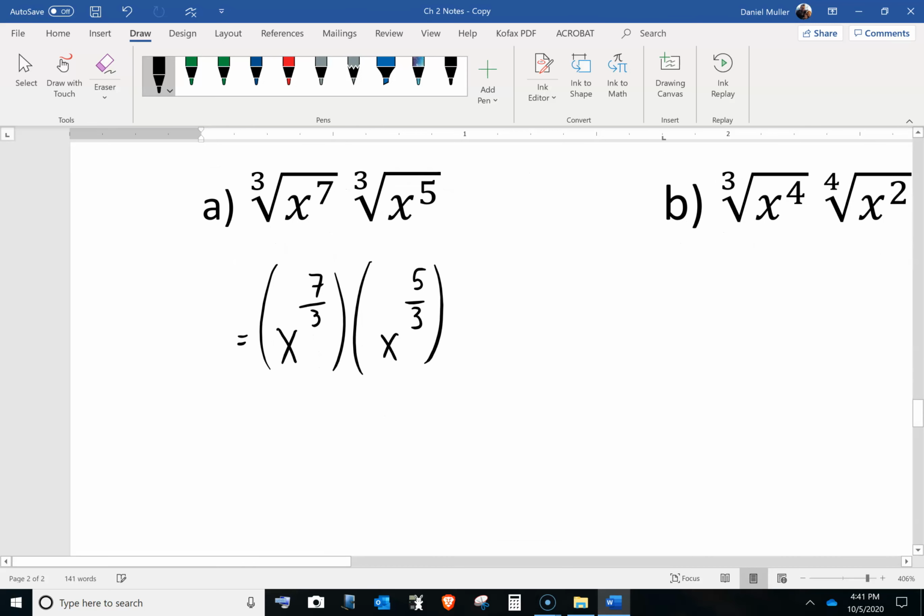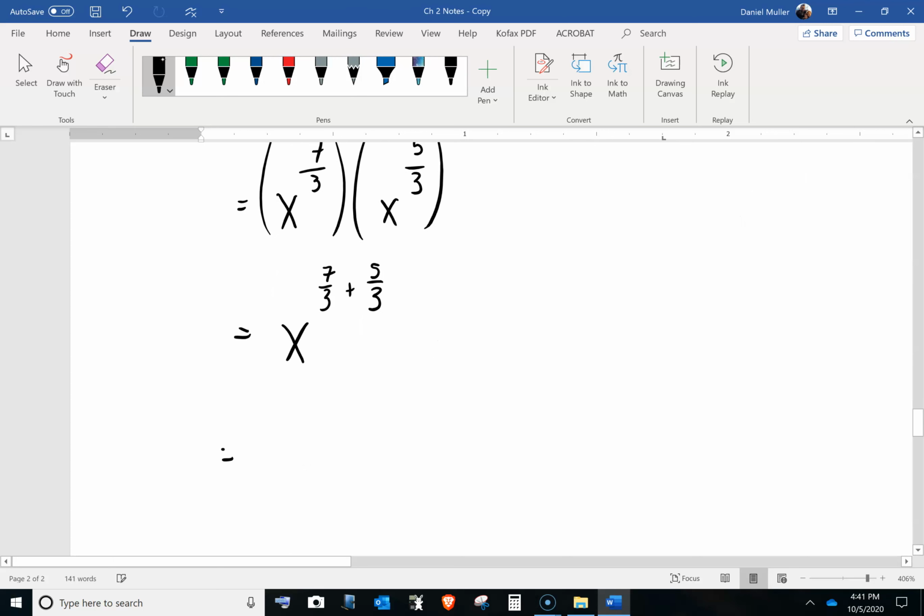Now, when the bases are the same, which they are, x and x, we are able to put them together, and the exponent rules say that if you multiply and the bases are the same, you can add the exponents. Now, they need a common denominator, but lucky for us, they already have it. So 7 plus 5 is 12, and you don't go 3 plus 3, you leave your denominator the same.